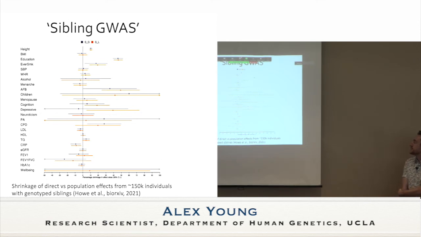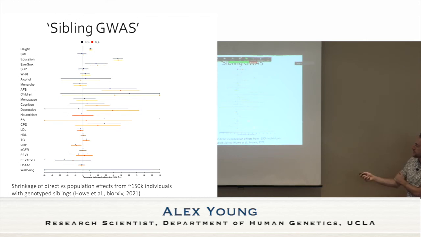That's similar to results we've got from other methods and other data sets, that things related to behavioral traits, fertility related traits, education and cognition related traits tend to show the biggest differences. Things that are more classically biological probably show less difference, although a priori I'm not sure we really know in advance.